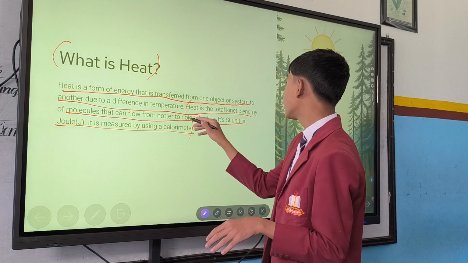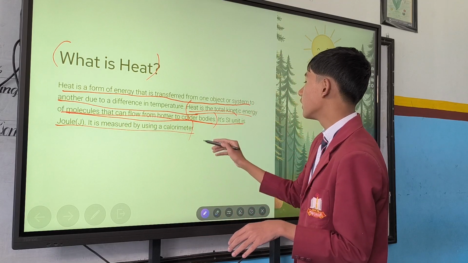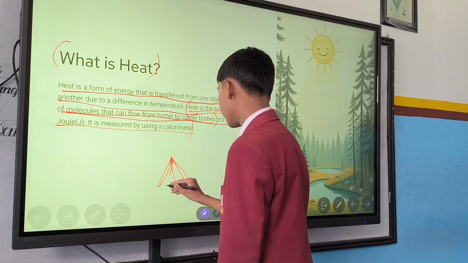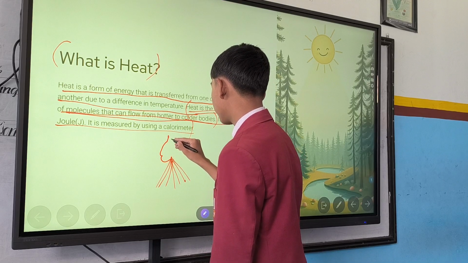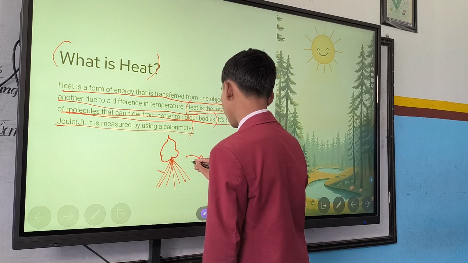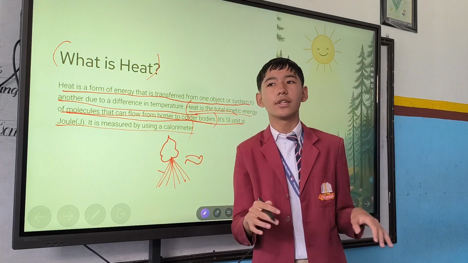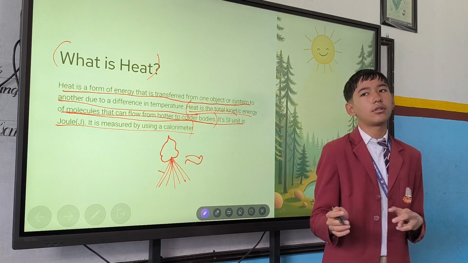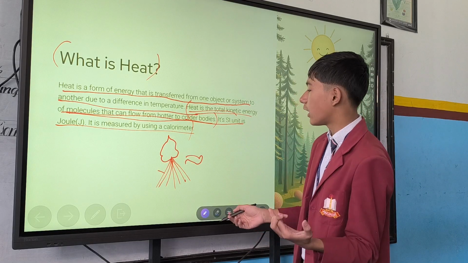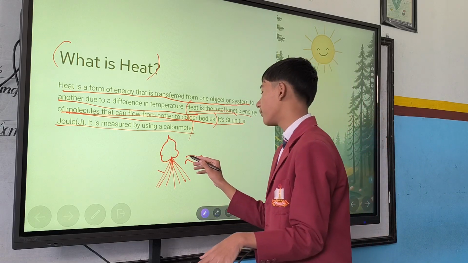It is the total kinetic energy of molecules that flows from a hotter to a colder body. For example, here a fire is being burned by firewood, and if you are sitting here and place your fingers near it, you can feel your fingers getting warmer. Your fingers might have been colder before, but when you keep your hands in front of the fire, they become warmer and warmer.